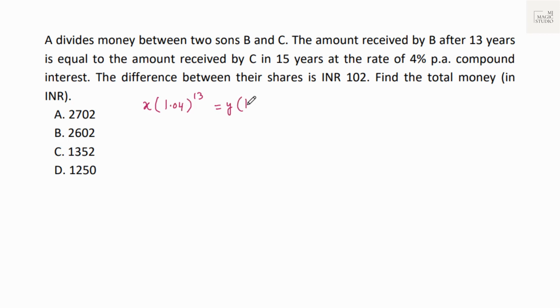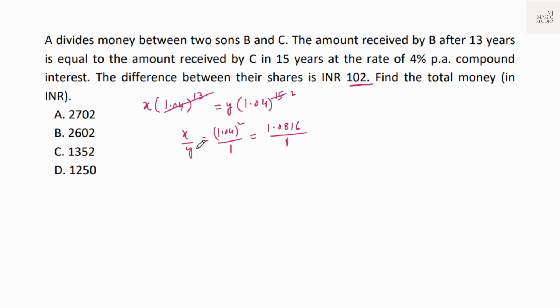So X into 1.04 to the power 13 equals Y into 1.04 to the power 15. This becomes 2, so X by Y is 1.04 squared by 1, which is 1.0816 by 1.